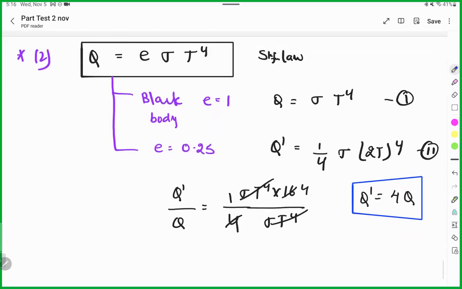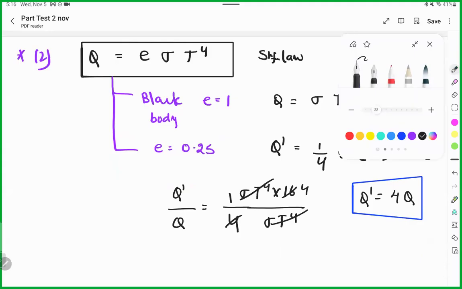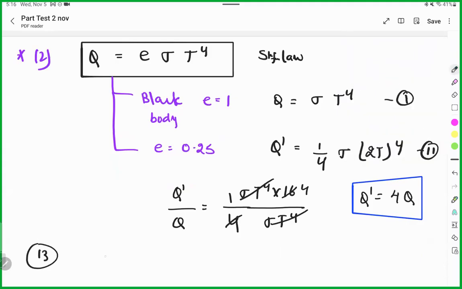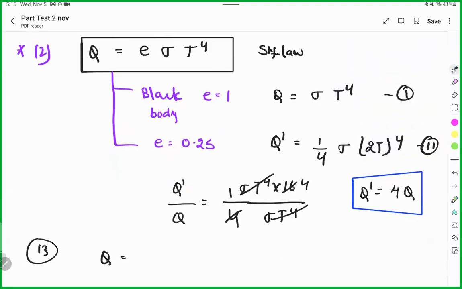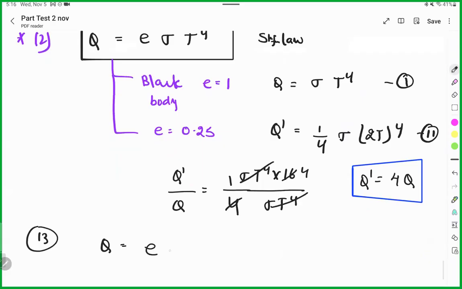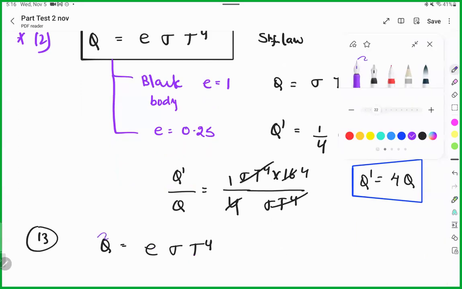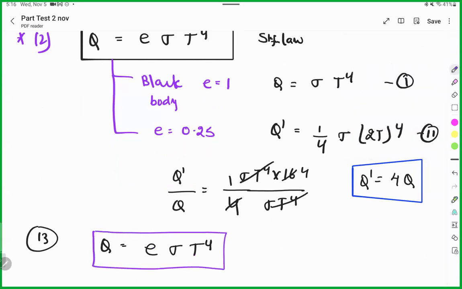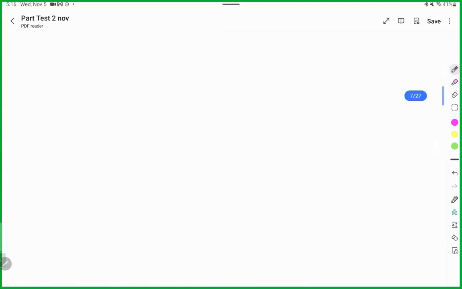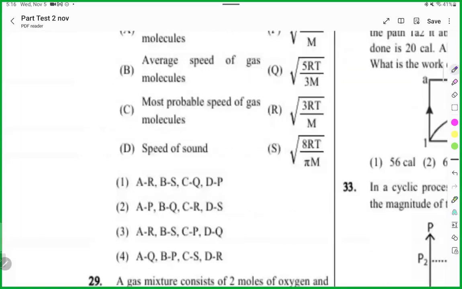Energy per unit time per unit area in the 13th question is E sigma T raised to power 4. You have to calculate it. Now using this formula, solve question number 13.